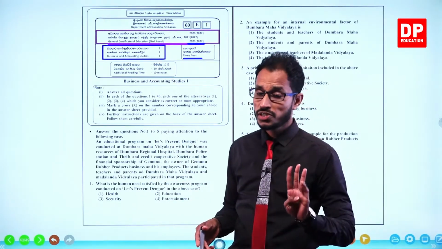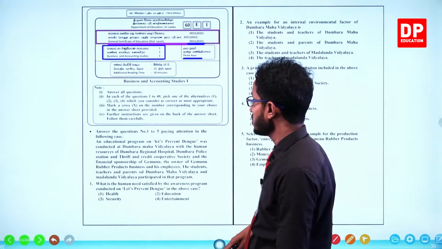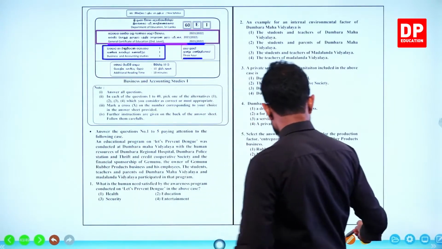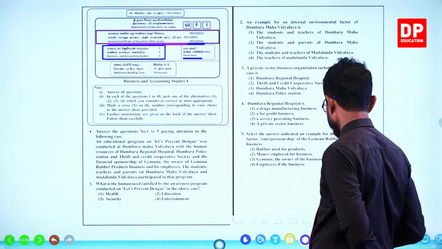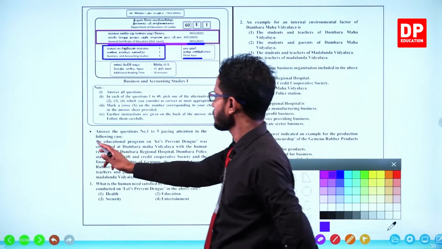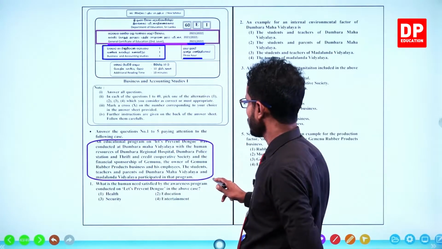You have 40 questions to answer, all MCQs, and starting with question number 1, the first 5 questions are based on this case.